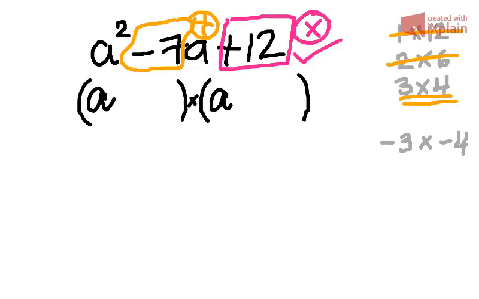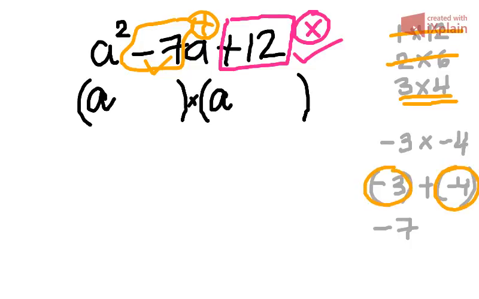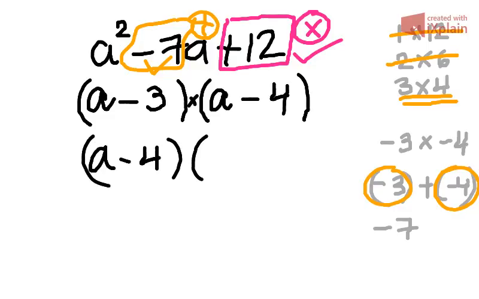Then if we test negative 3 plus negative 4, adding two negative numbers, we continue with the negative, and we have -7, which satisfies that second condition. So these two numbers are what we need to add here, -3, -4. The order wouldn't matter. We could have had a -4, a -3.